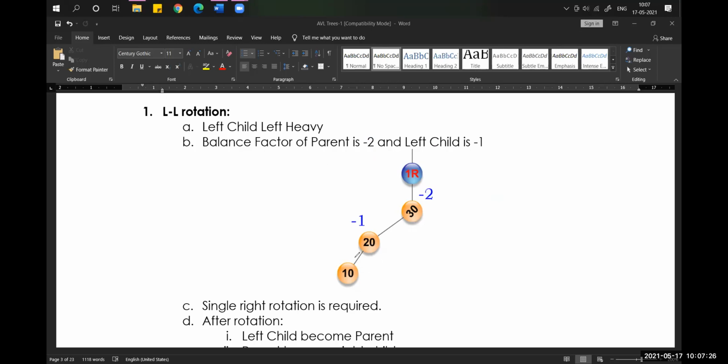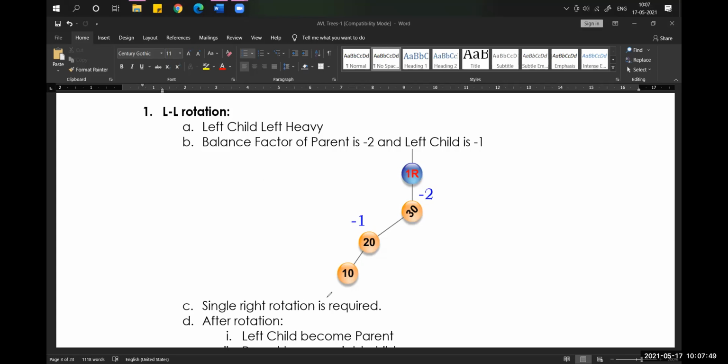Here if you take 10, there is no left child and no right child. What is the formula for finding the height of a node? It is the height of the left subtree minus the height of the right subtree.